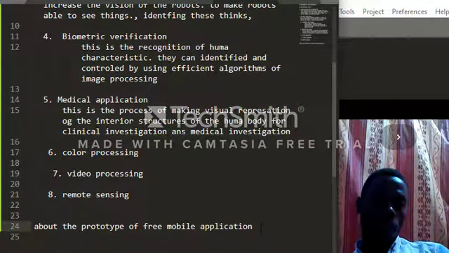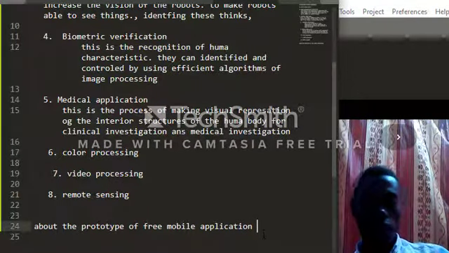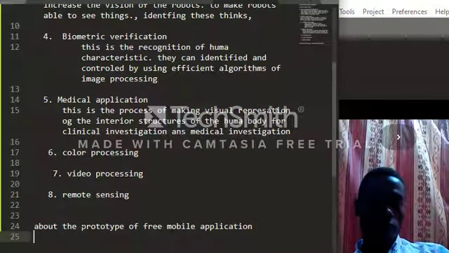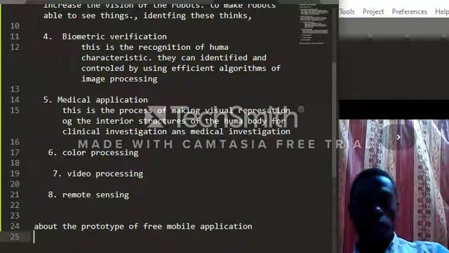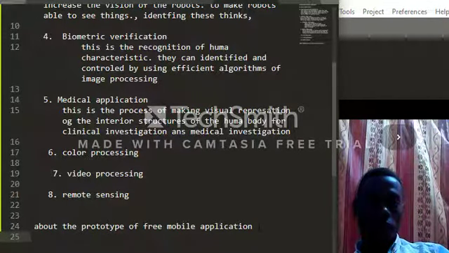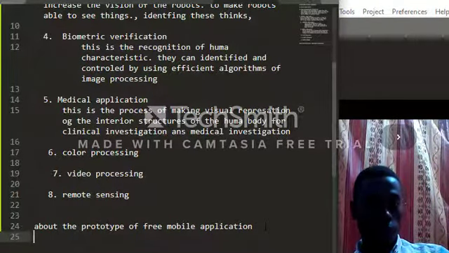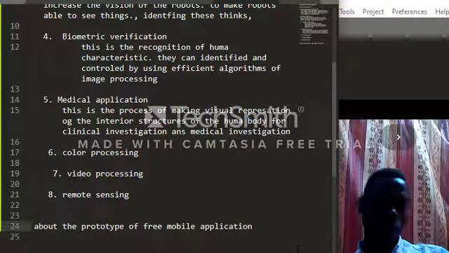At the end you have less yields. So this application will help the farmers to classify the soil. It should be able to tell them which type of soil it is, and then suggest, let's say we have some types of soils like loam soil, clay soil, and sand soil. Let's say the application classified the soil and told the farmer that the type of soil you have is clay soil.